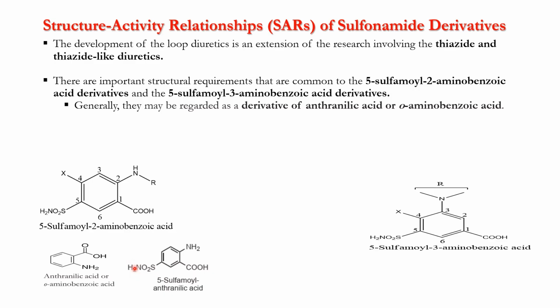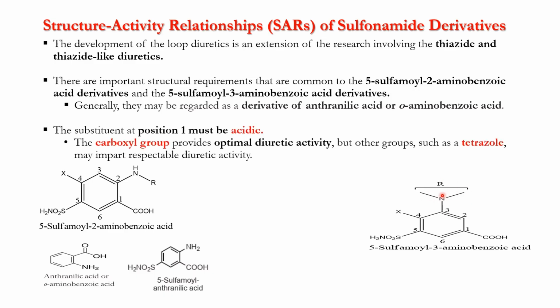So the 5-sulfonyl anthranilic acid derivative is taken as the starting point for these two prototype drugs, furosemide and bumetanide. They are differentiated by the functional group added at position 2 in the case of the furosemide analog, and in the case of the bumetanide analog, the amine group is found at position 3.